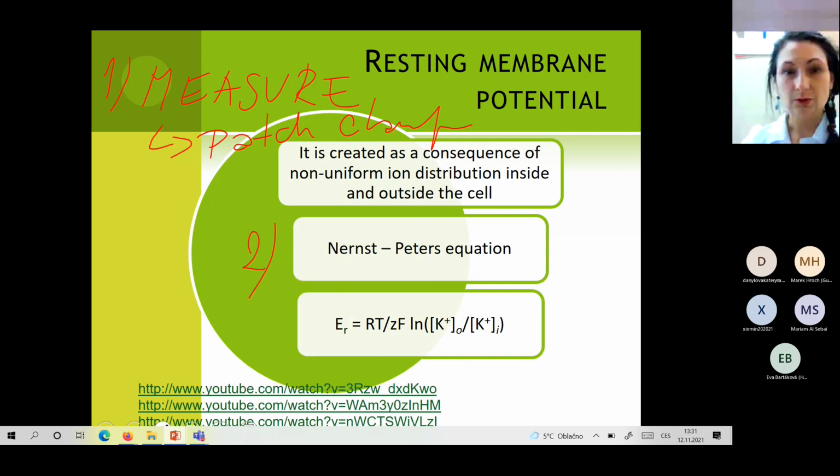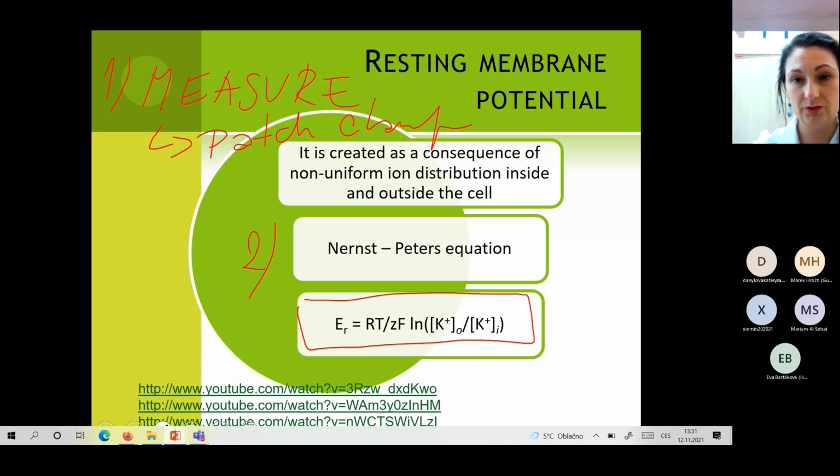For the calculations, we are using the Nernst-Peters equation. If this equation is applied to some physiological systems, we are talking about the Nernst-Peters-Goldman-Hodgkin-Katz equation. Nernst-Peters was originally an electrochemist or physical chemist, and they provided this equation for some electrode systems.